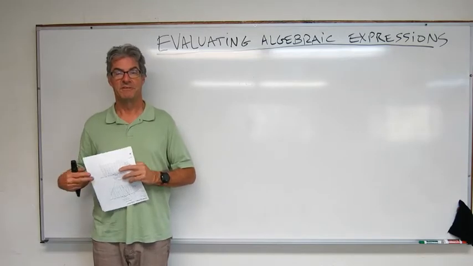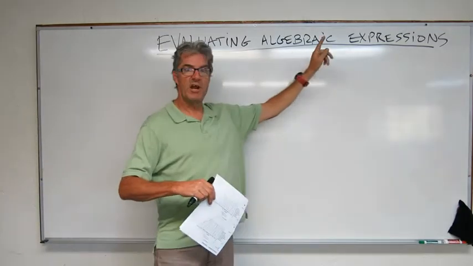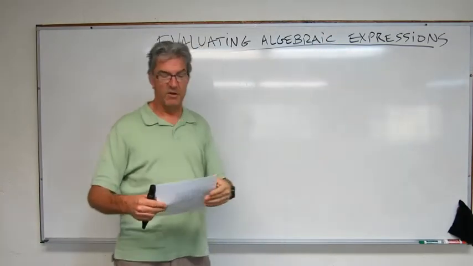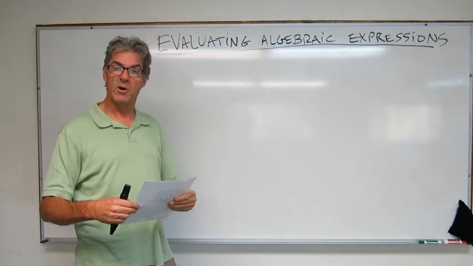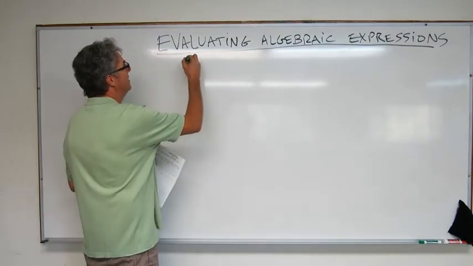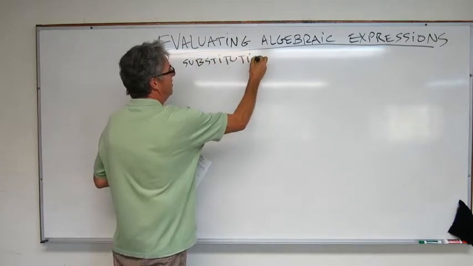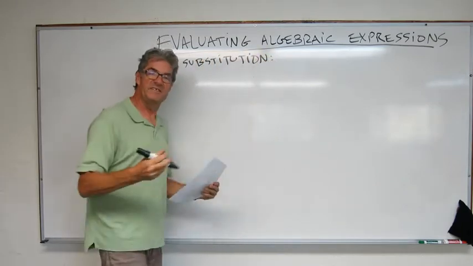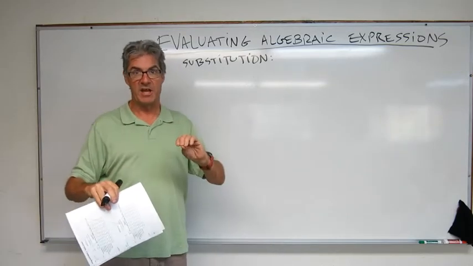Let's get started. Our topic right now is evaluating algebraic expressions. And what we're going to do is use a technique called substitution. And I want to give you a quick definition of that. What this is: you substitute numbers for letters in algebraic expressions.